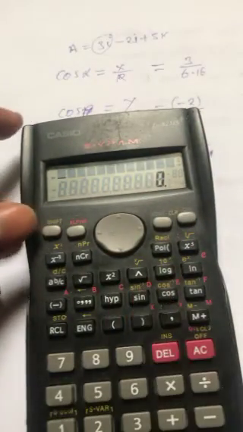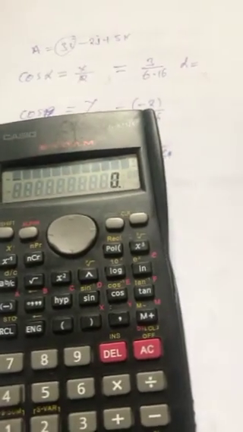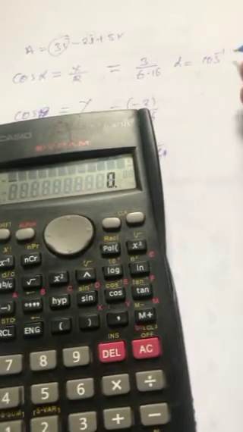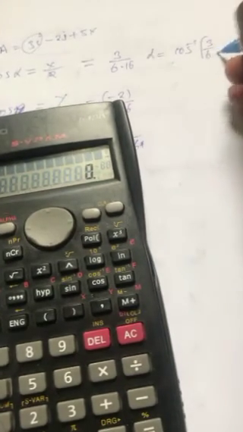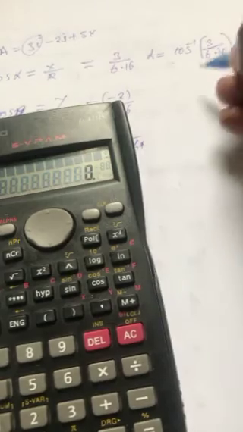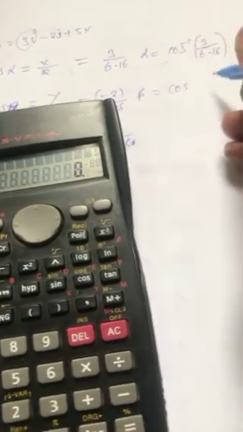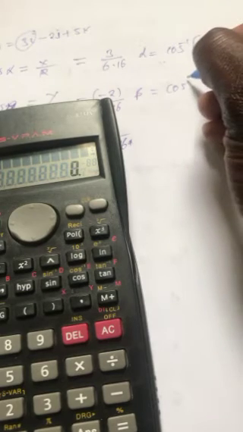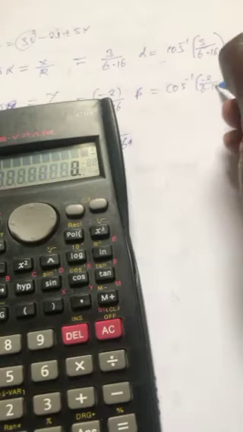I'll start from the top part there. Definitely alpha in this case is going to be equal to cos inverse of 3 over 6.16. Beta is going to be equal to cos inverse of negative 2 over 6.16.